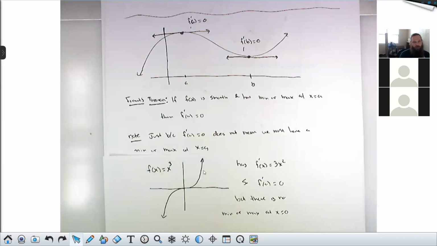This guy is increasing and then increasing, but he happens to have a horizontal tangent line right here. So Fermat's theorem says if you have a min or a max, then f prime should be 0 at that point. But just because f prime is 0 at some point doesn't necessarily mean you have a min or a max there. And this is a good example of that. So you have to be a little bit careful.